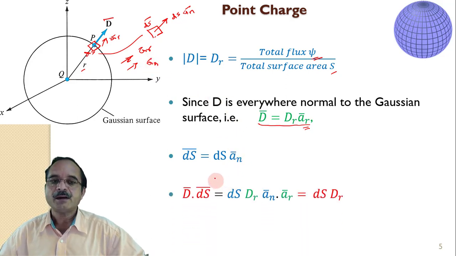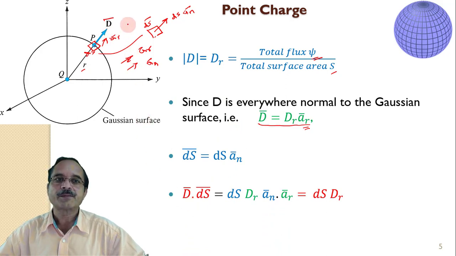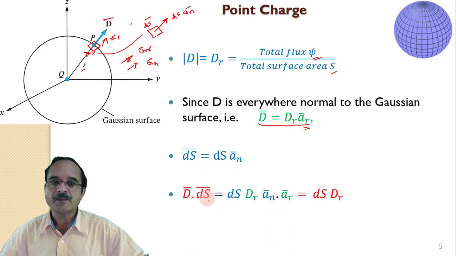So if I take the dot product between D and ds, this is the magnitude of D, that is dr, multiplied by the magnitude of ds, that is ds, and an dot ar, the dot product of these two vectors.